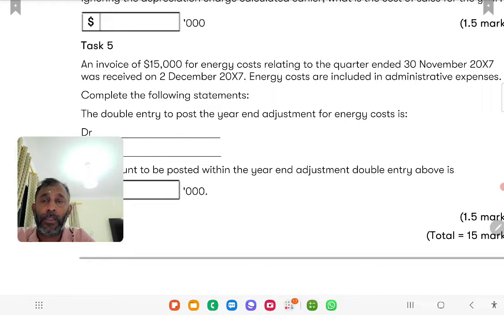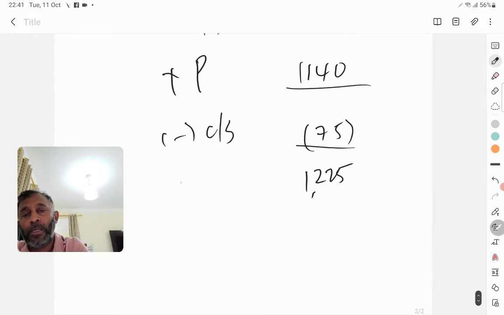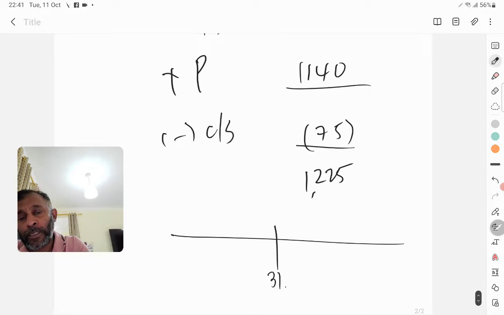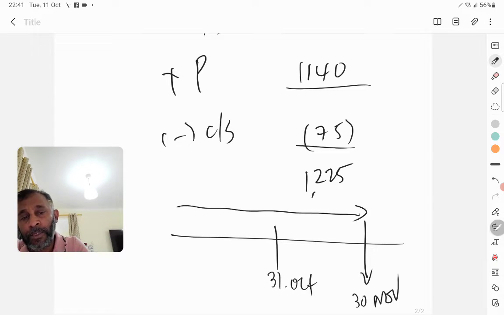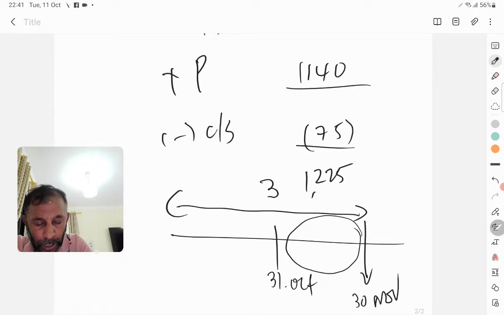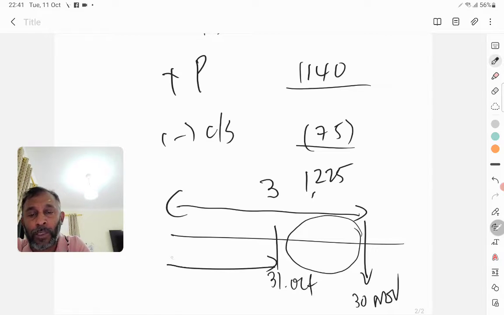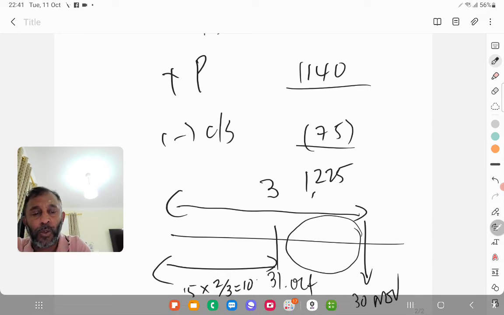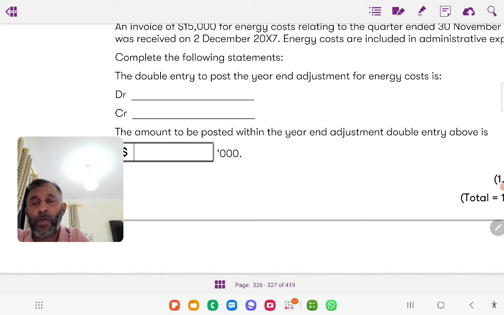So see, this is year end 31st October and this is the quarter ended 30 November. I have received a bill for 3 months, but this month is still not with us. Therefore we need to take only 2 months of accrual. So 2 months is 15,000 into 2/3. The answer is 10,000.